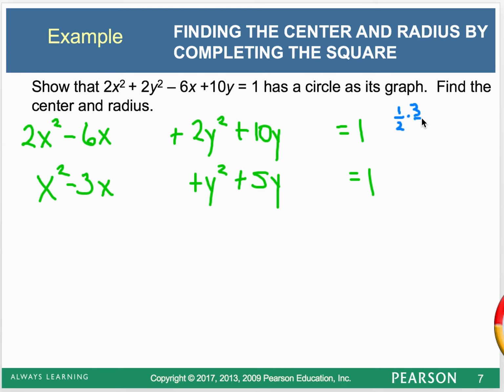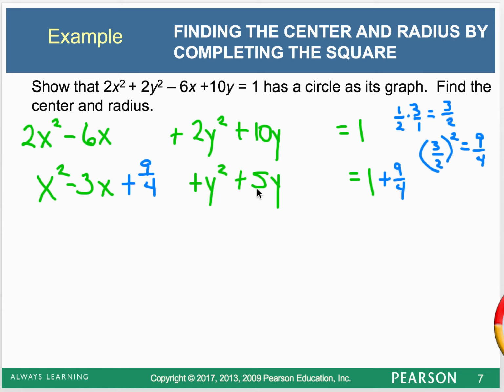Half of 3, multiply straight across, is 3 halves. And if I square that, I'm going to get 9/4. That's what I'm going to add to both sides. Plus 9/4, plus 9/4.